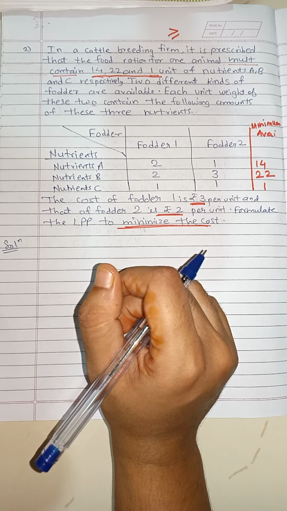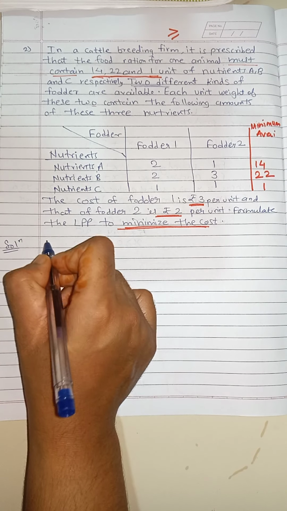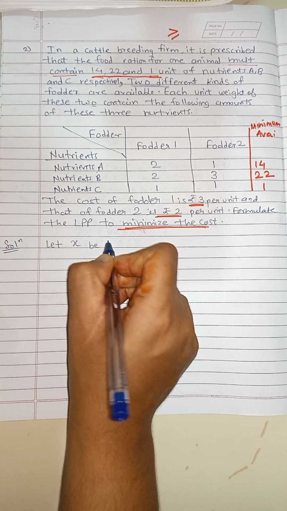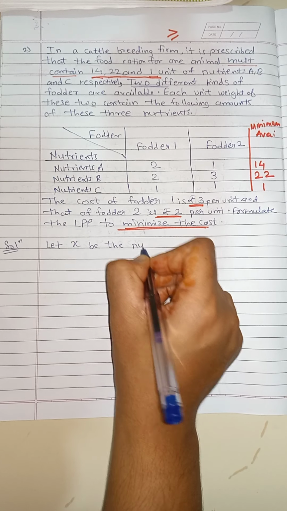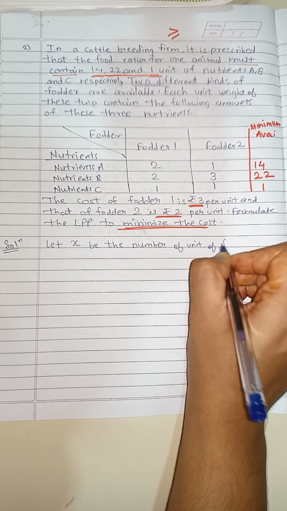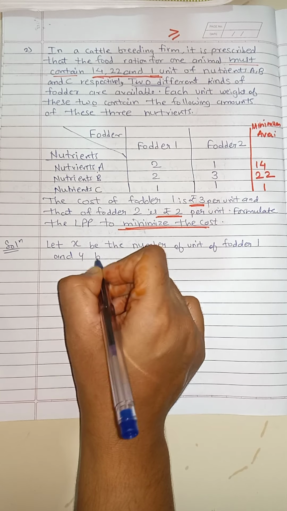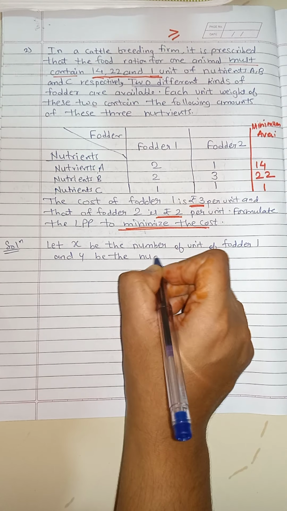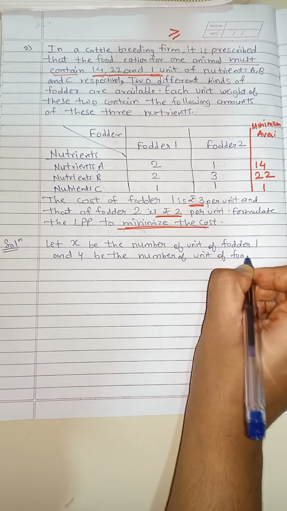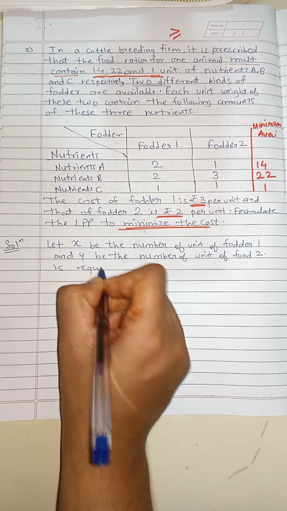In this condition we have to use two different kinds of fodder. So the decision variables: let x be the number of units of fodder 1 and y be the number of units of fodder 2 required.